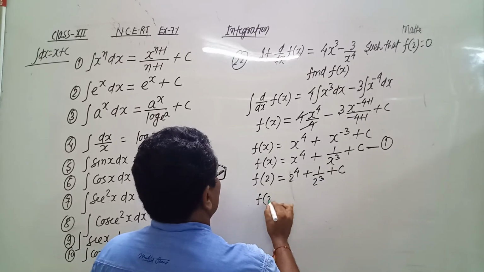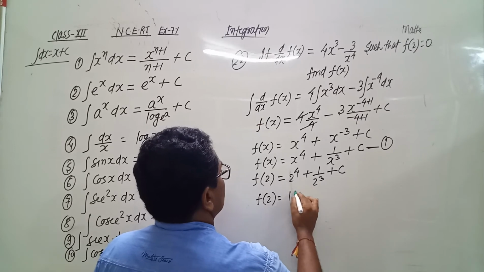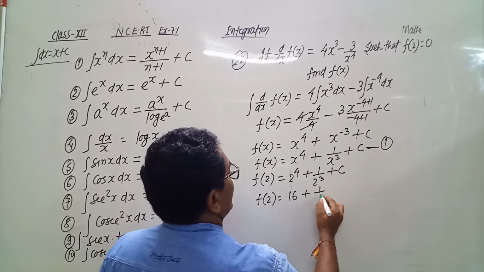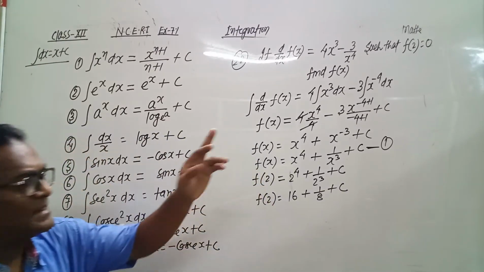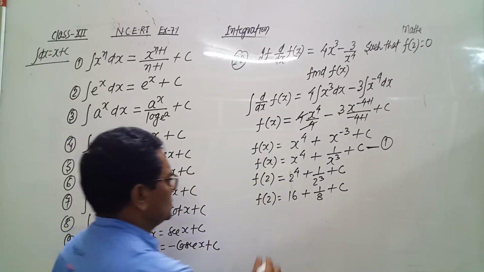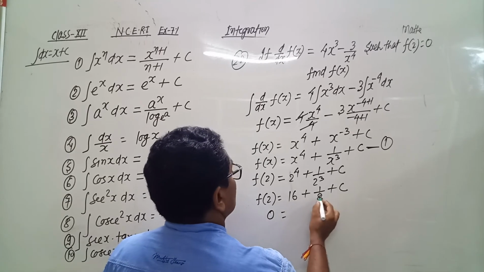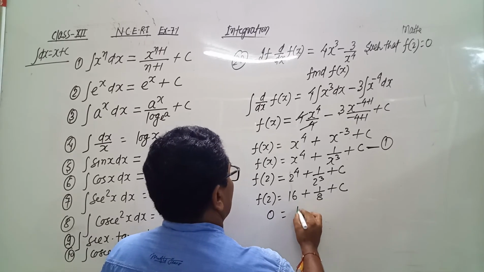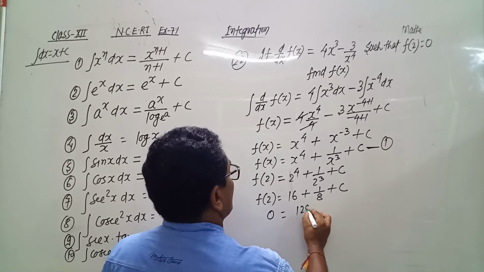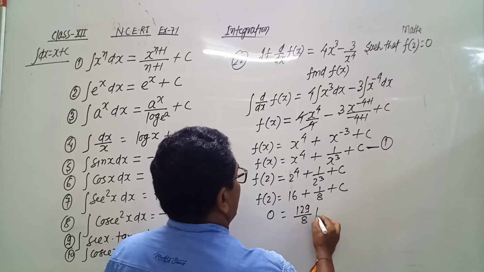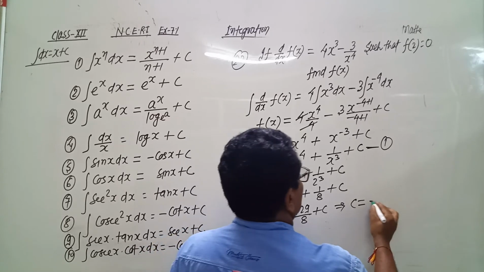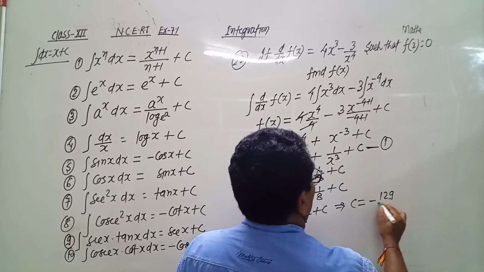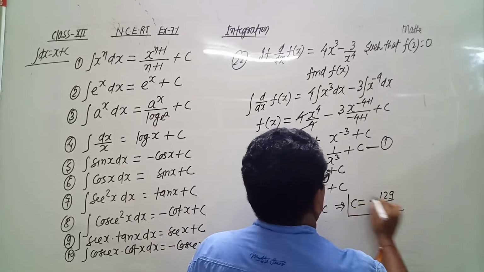So f of 2 equals 16 plus 1 by 8 and plus c. Then we have given that f2 equals 0. So 0 equals, taking LCM, it gives 129 by 8 plus c, and we get the value of c equals minus 129 by 8.